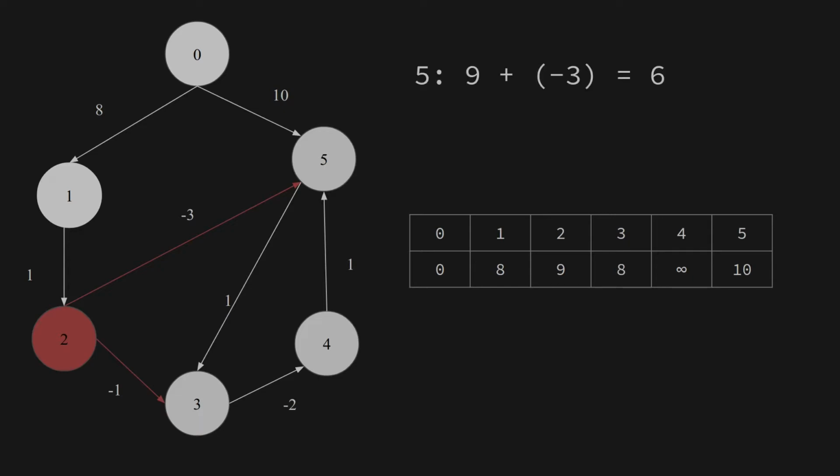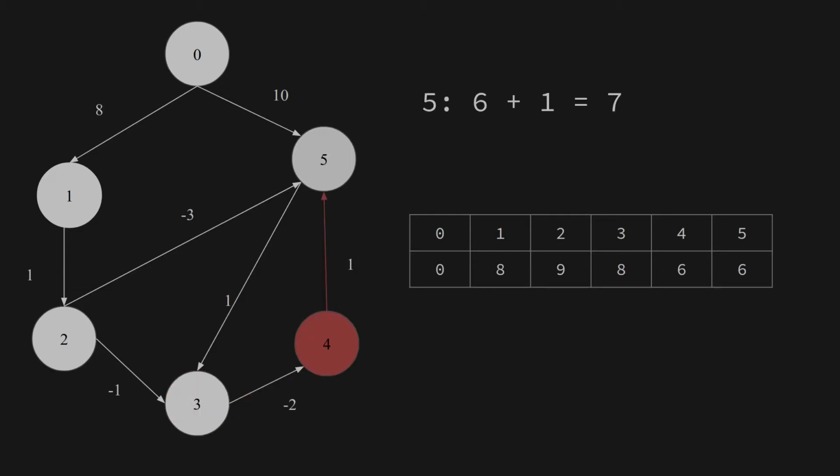Now for vertex 5, we have a new distance of 9 for vertex 2 and then plus minus 3, which gives us 6, which is less than what is existing there, 10. So we put 6 there. Now on to vertex 3. This gives a new distance for vertex 4. So the distance of 3 is 8 and minus 2, we get the distance of 4 as 6.